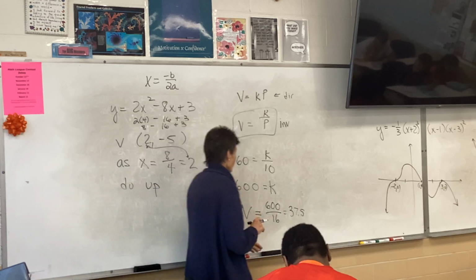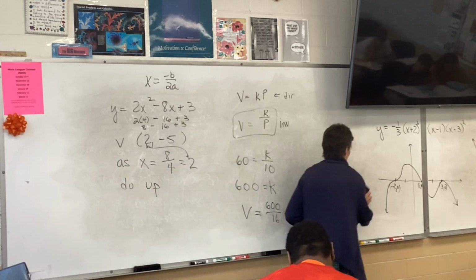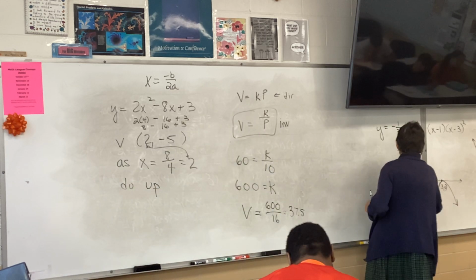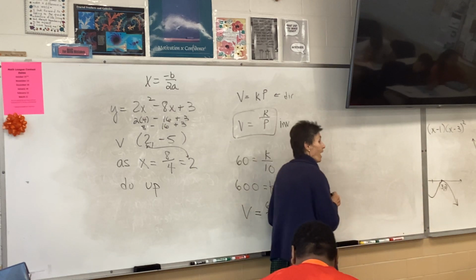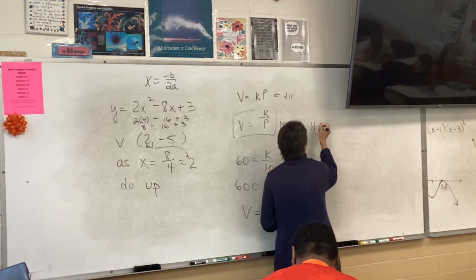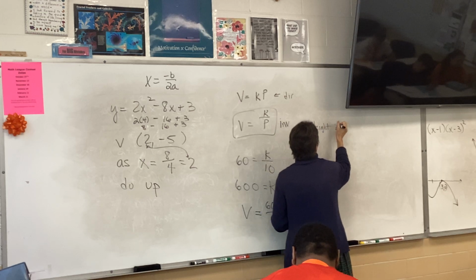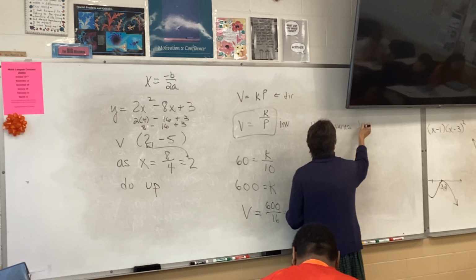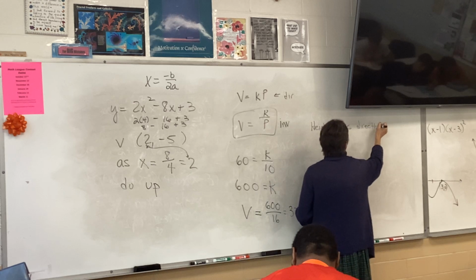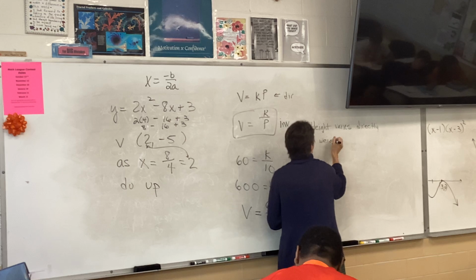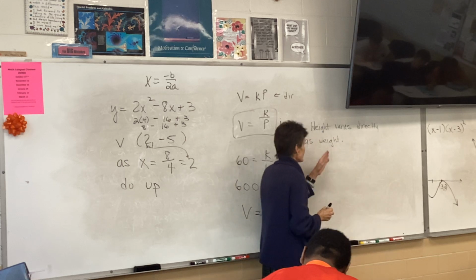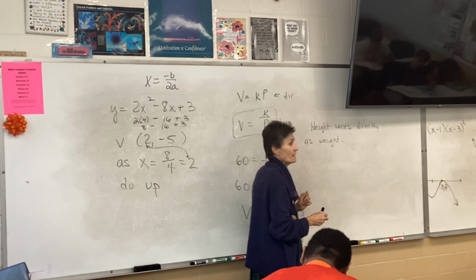All right, now let me just stop for a second. Suppose I told you that height varies directly as weight. You can write this down if you want, but you don't have to. We're going to do a direct variation now. So suppose it says height varies directly as weight.